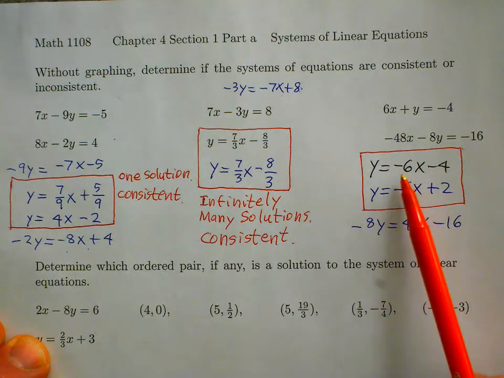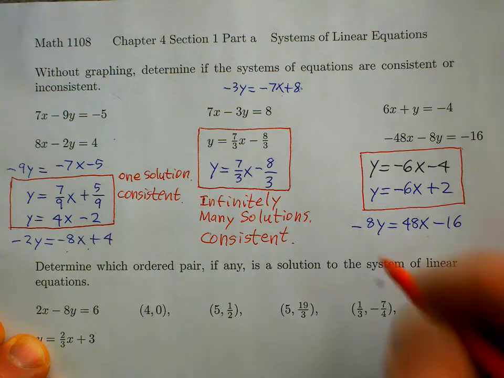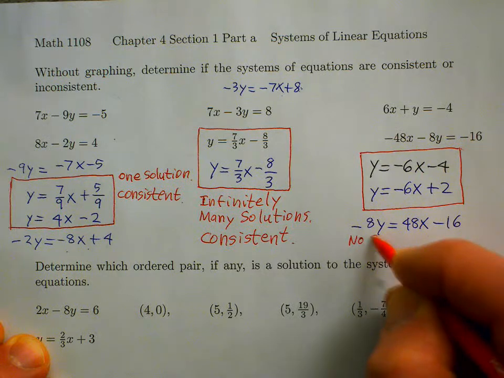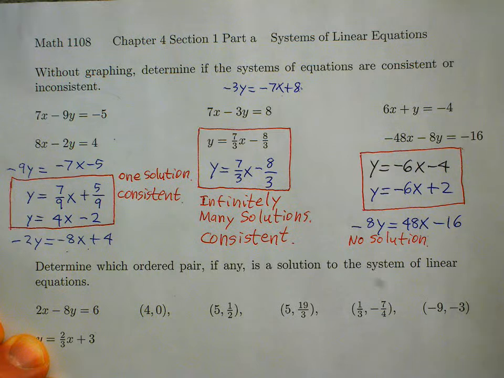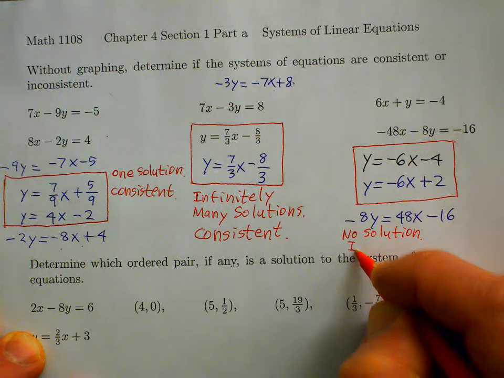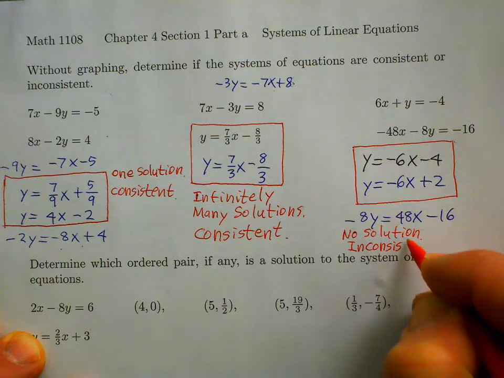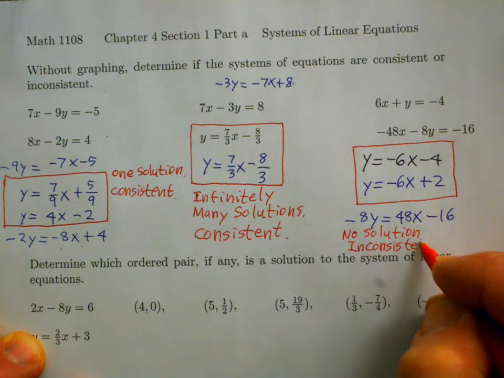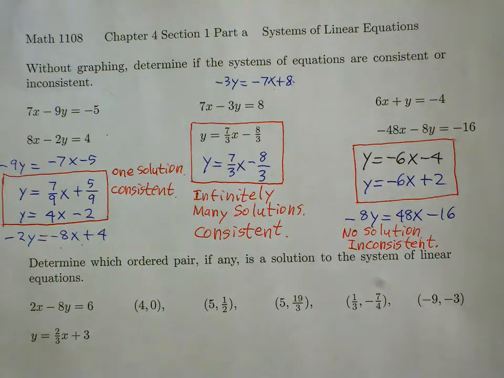The two lines have the same slope but different y-intercepts, so there's no solution, and this kind of system is inconsistent. Pretty soon, within a few days, it will make more sense why we're using the terms consistent and inconsistent.